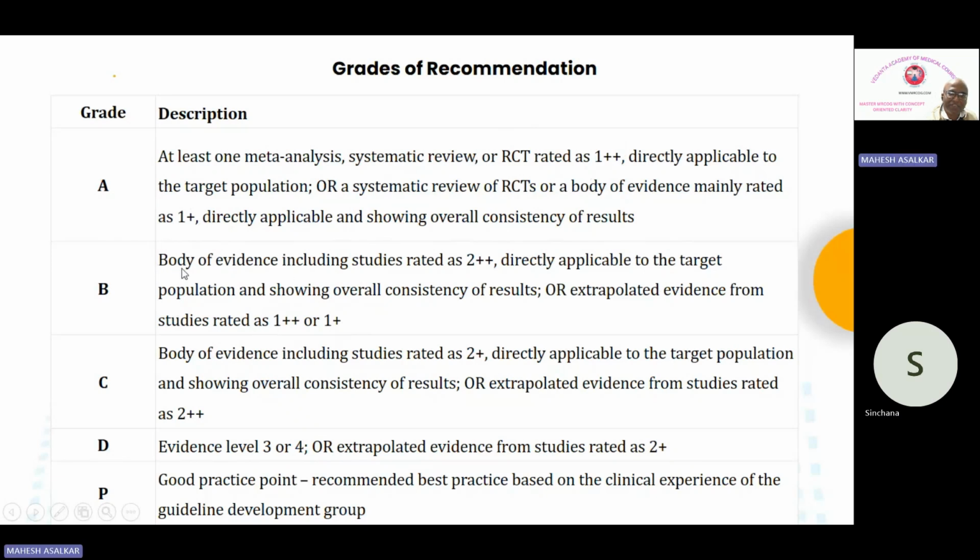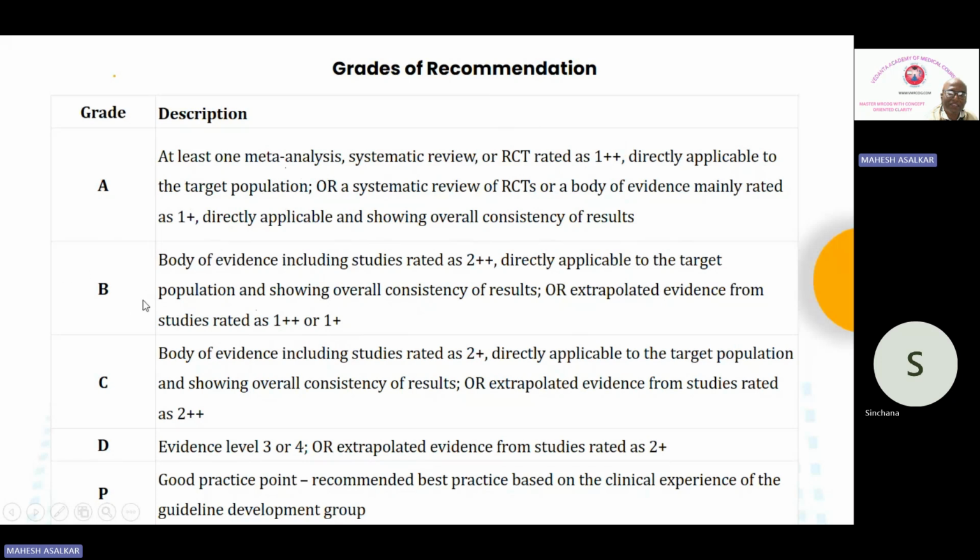So grade B, the body of evidence including the studies which are rated as 2++, directly applicable to the target population and showing overall consistency of the results, or extrapolated evidence from studies which are rated as 1++ or 1+. So grade A is directly 1++ or 1+, and it involves the meta-analysis or systematic review of RCTs.